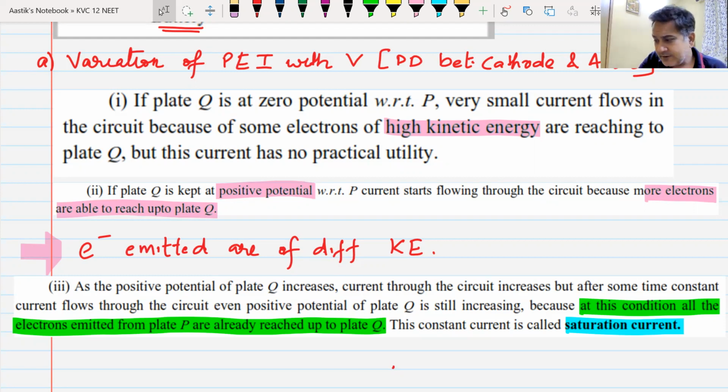Then we see that if you increase the potential of the anode with respect to the cathode, then you will have more and more current flowing. Yes or no? At one stage, you will have maximum current and it will not increase from that stage. We had discussed this point also. Yes or no?